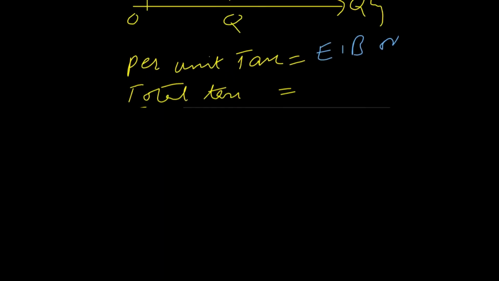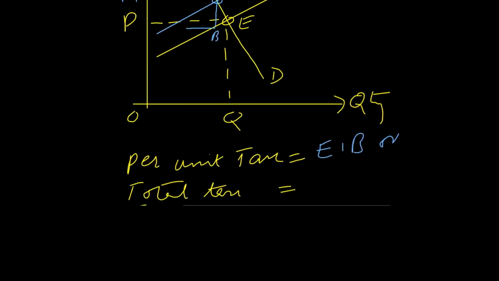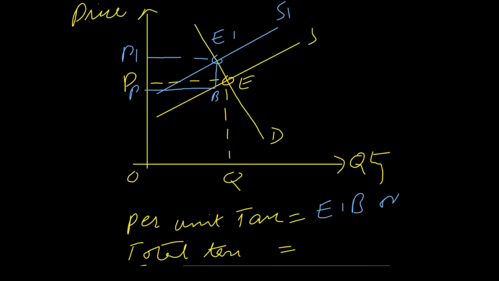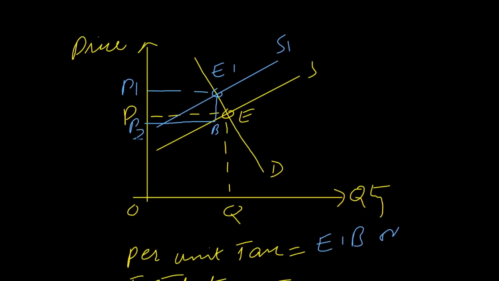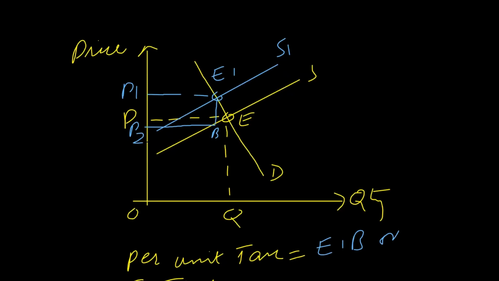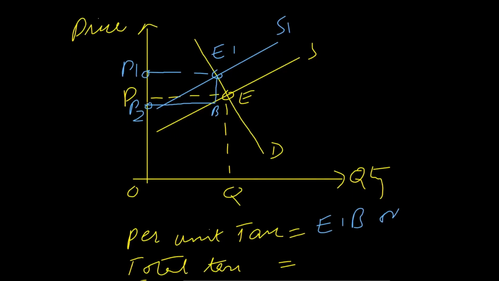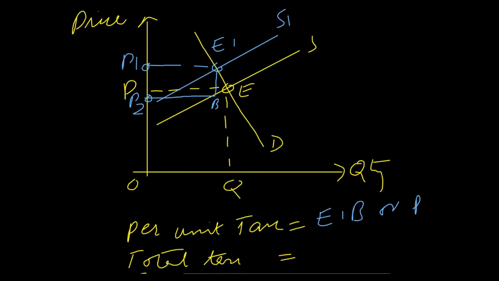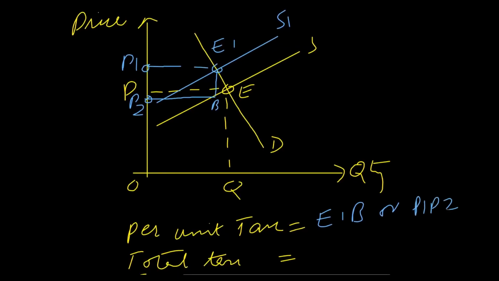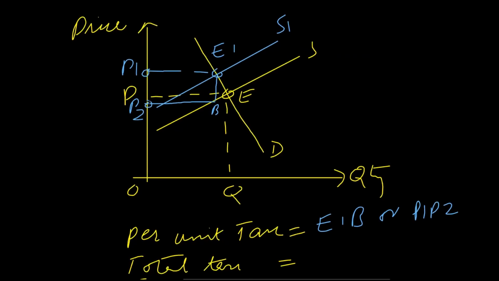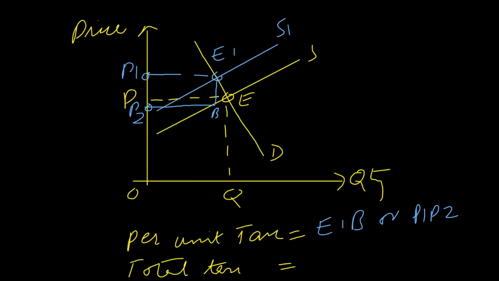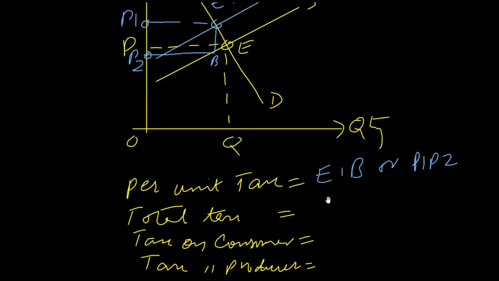If we join point B to the price line, we get another price P2, which producers will receive. So per unit tax is E1B or P1 P2, because the perpendicular P1 P2 and E1B are both equal.